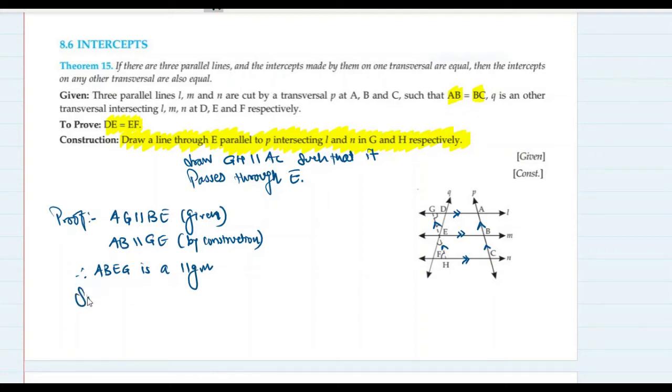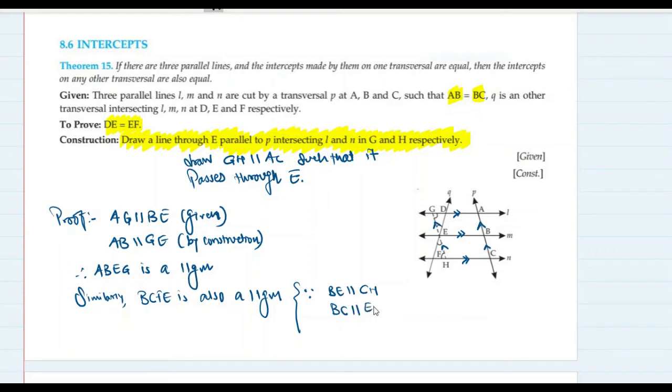Similarly, BCHE is also a parallelogram. Why? Since BE is parallel to CH and BC is parallel to EH.